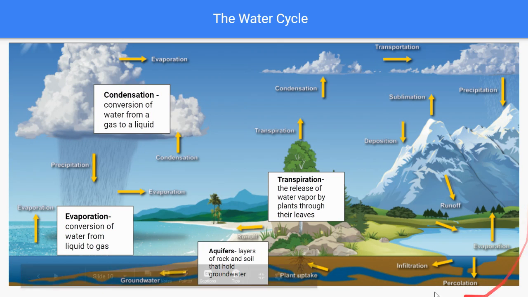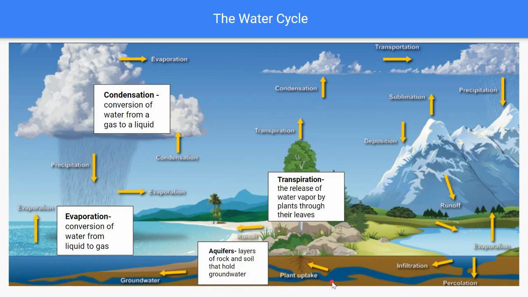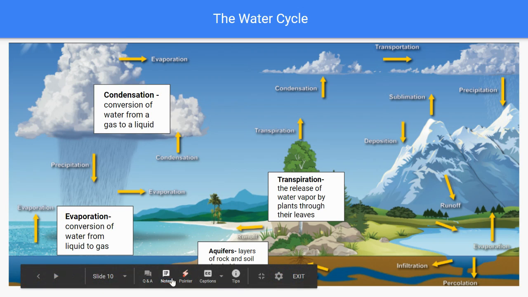So we're gonna start down here with our ground, or like lakes and oceans or whatever. Through infiltration and percolation, water gets from the surface of the earth down into the bottom of the earth, and that is considered groundwater.